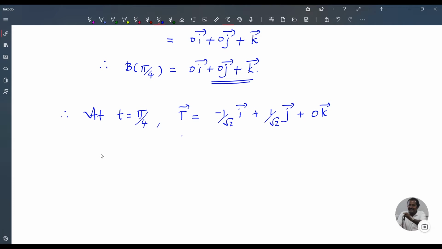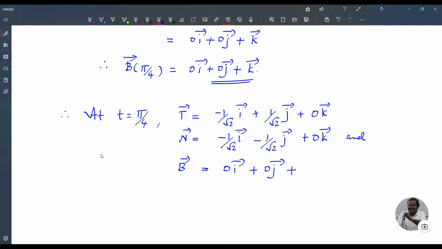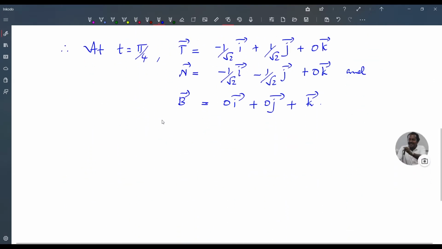Vector n is minus 1 by root 2 i minus 1 by root 2 j plus 0k, and vector b is 0i plus 0j plus k. So this we have the first part.